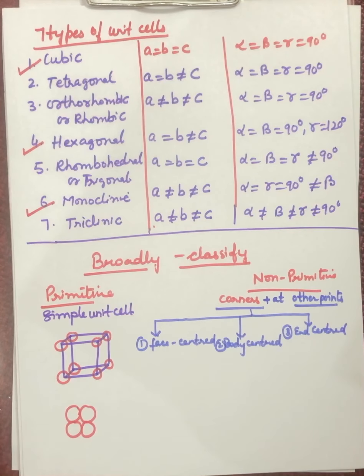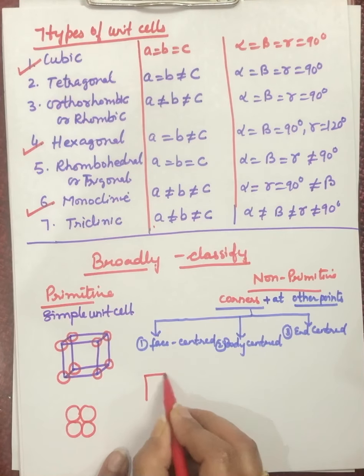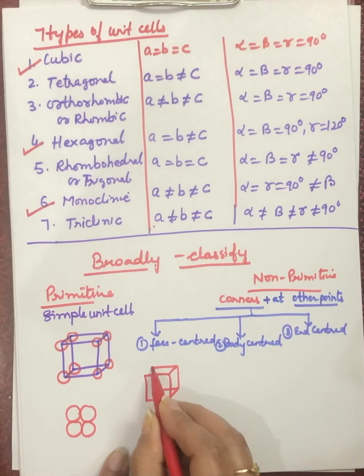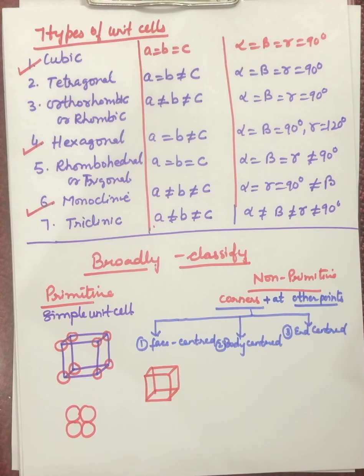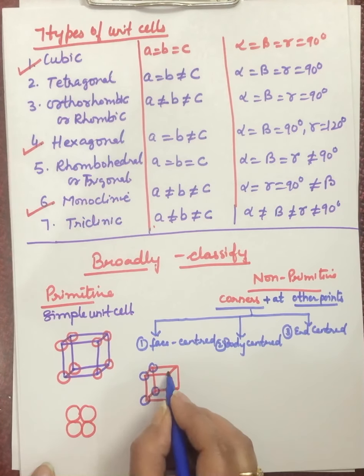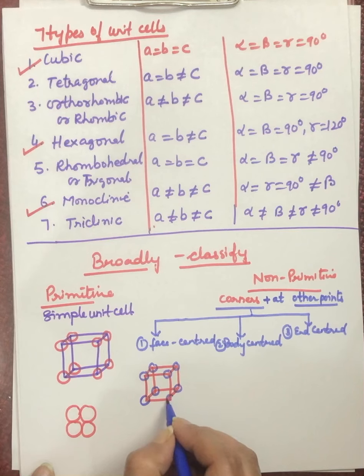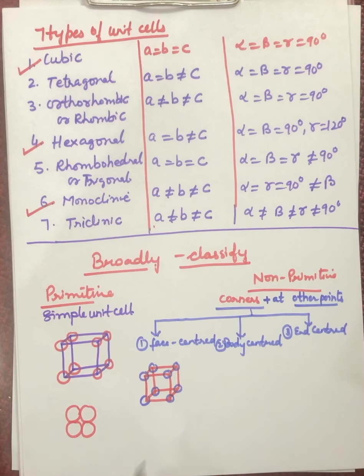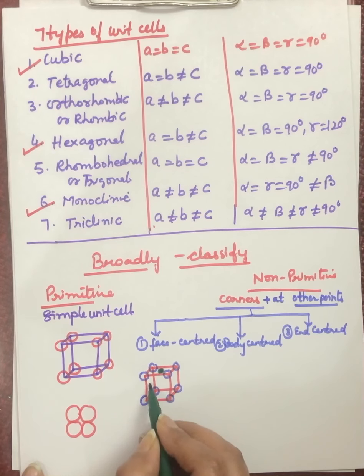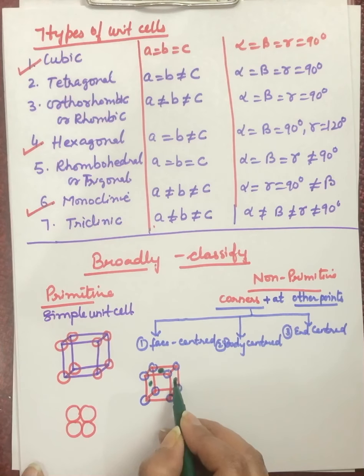Now, what is face-centered unit cell? A unit cell, like this is a unit cell, where particles are at the corners, 8 corners in a unit cell, remember? And plus they are also present at the center of faces of unit cell. In a unit cell, there are 6 faces.